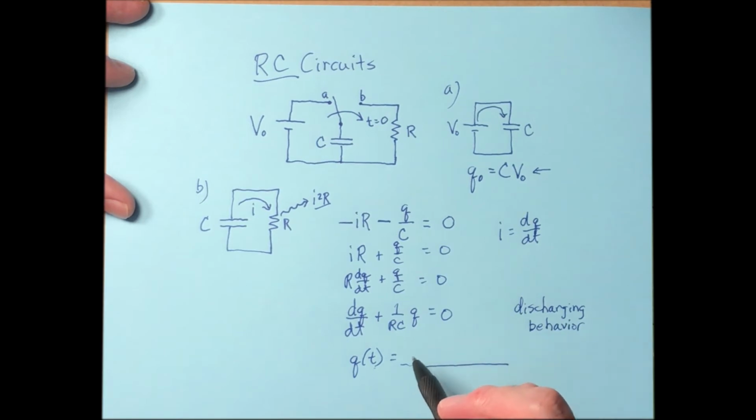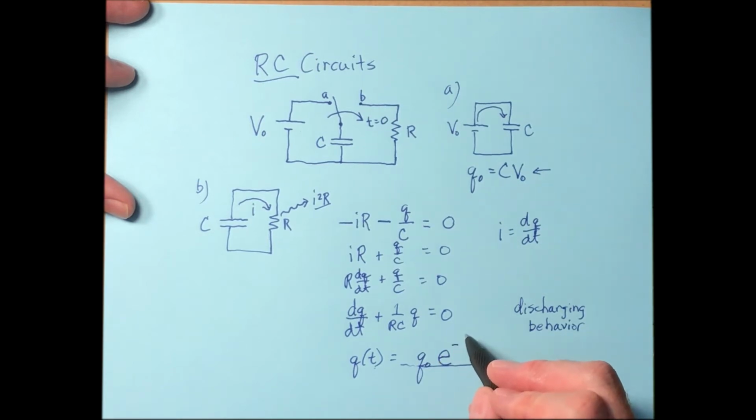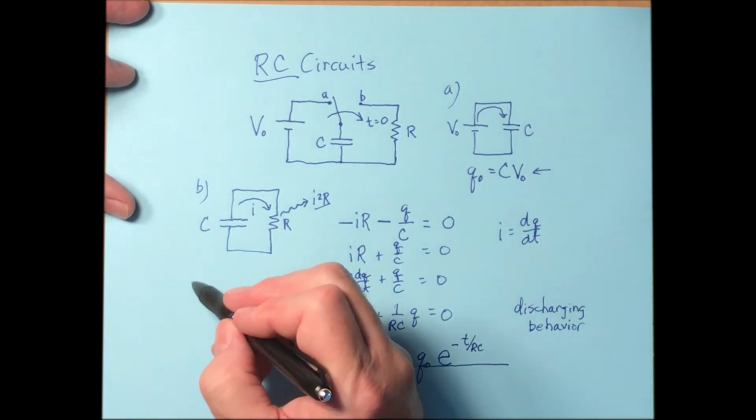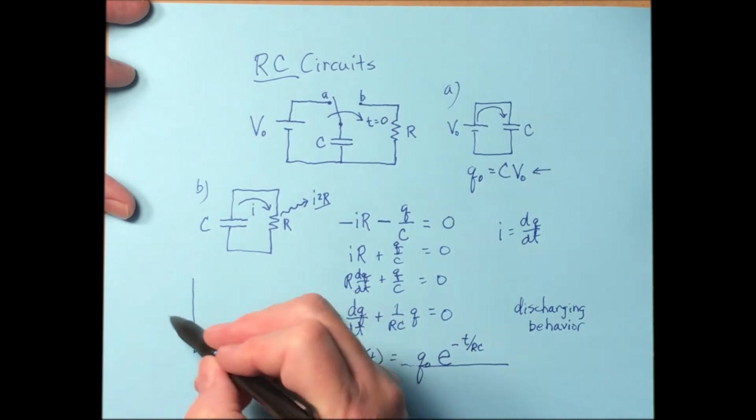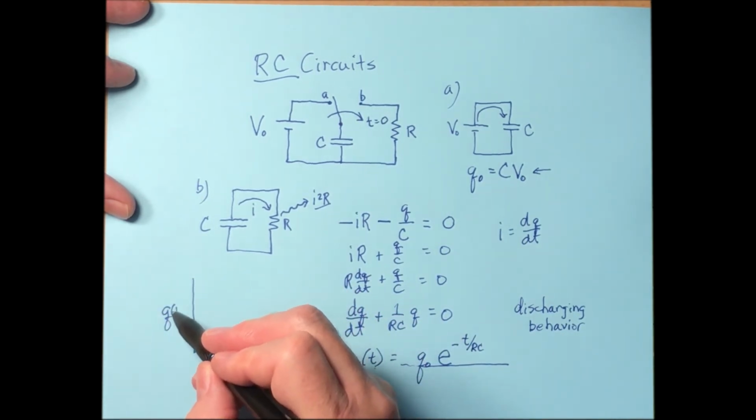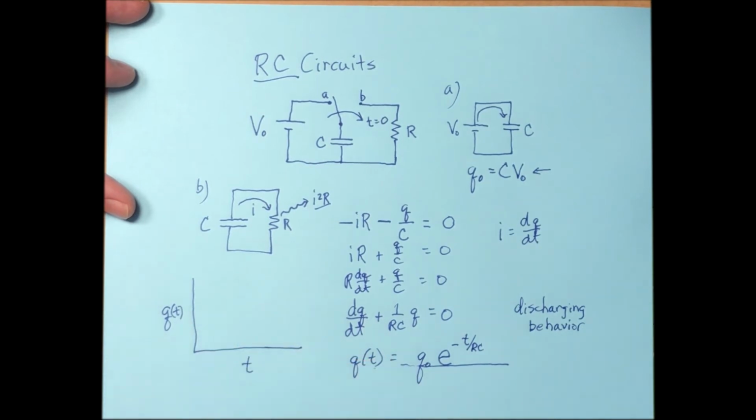Now, I'll tell you what the solution is right now, and then I'll show you how to get it. The solution looks like this. It is Q naught times e, that's exponential e, to the negative t over RC. That's a decaying exponential. So if you were to graph Q as a function of time versus time, what you would discover is at t equals 0, this term becomes 0, so we've got e to the 0.